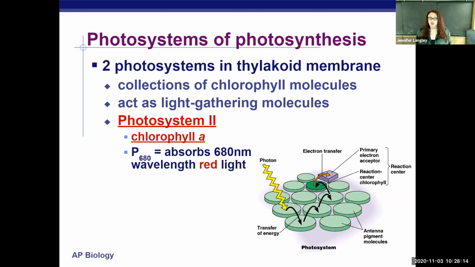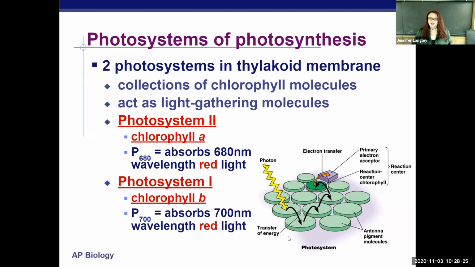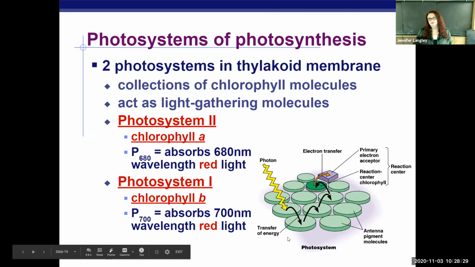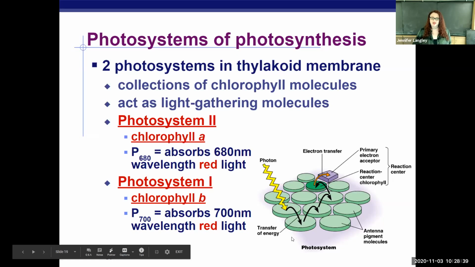It's photosystem 2 because they didn't figure this one out until after they figured the other one out. Photosystem 1 is chlorophyll B, which absorbs at 700 nanometers, also red light. Our plants really do absorb the most with red, and then quite a bit into the blue just to get that extra boost.